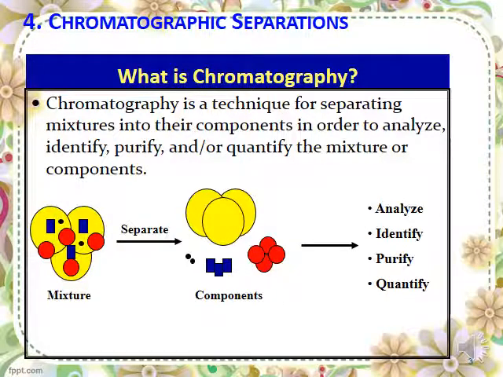Okay, the fourth type of separation is chromatographic separation. So what is chromatography? It's a technique for separating a mixture into components, so that we can analyze, we can identify, we can purify, and even quantify the components of the mixture. So we have a mixture here, and then we undergo chromatographic separation, we get the individual analytes, the components inside the mixture.